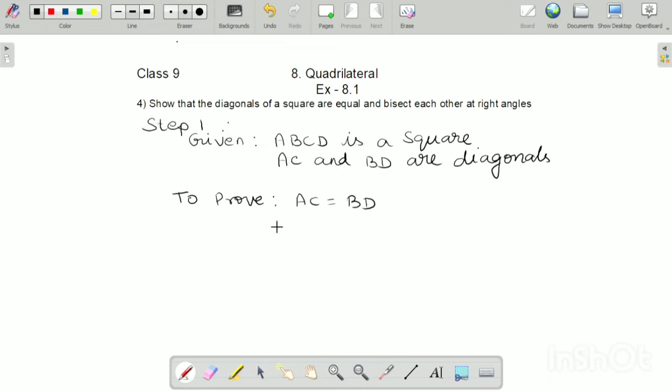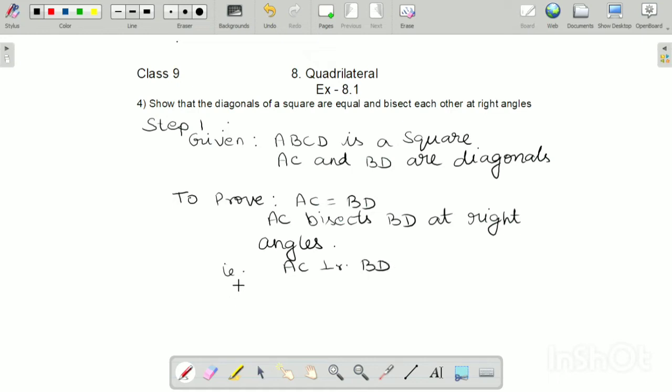That means AC bisects BD at right angles. That is, AC is perpendicular to BD.